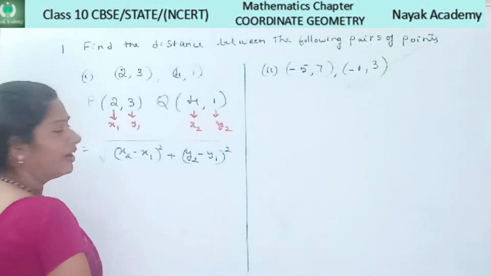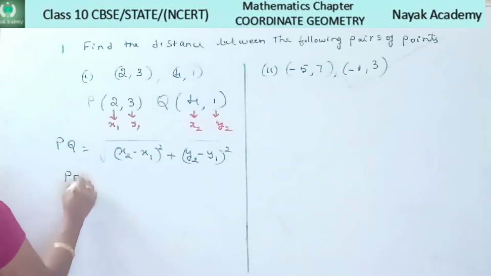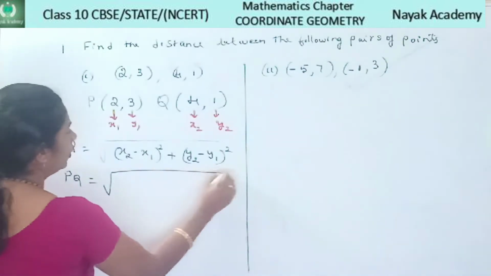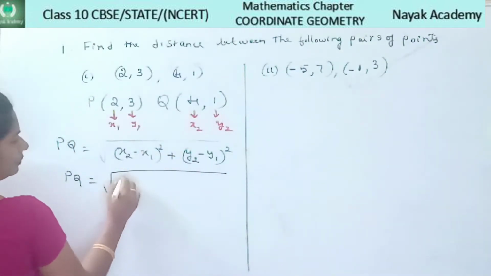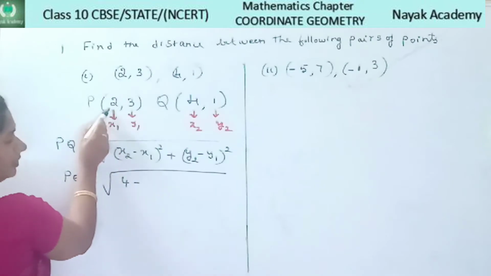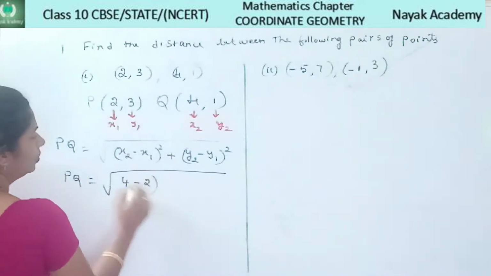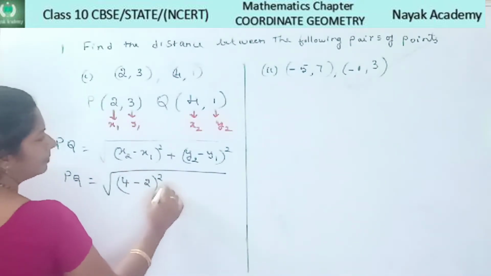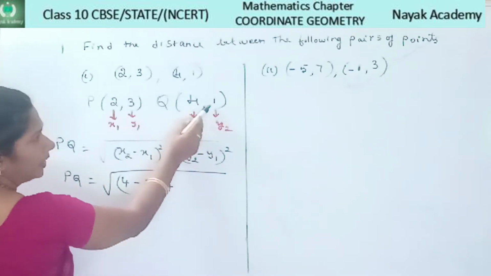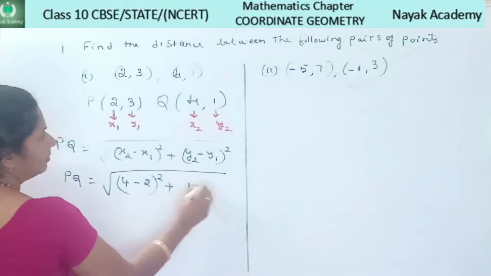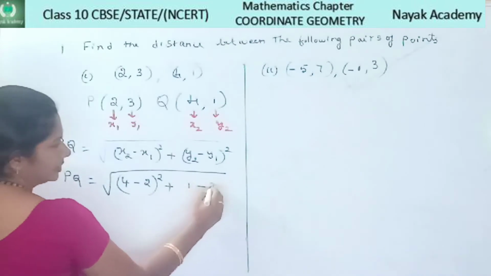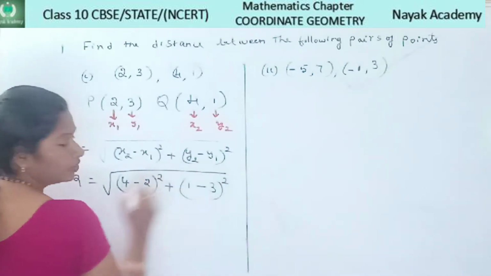Let us substitute the values. So PQ equals square root of (x2 value is 4 minus x1 value is 2) whole square plus (y2 value is 1 minus y1 value is 3) whole square.